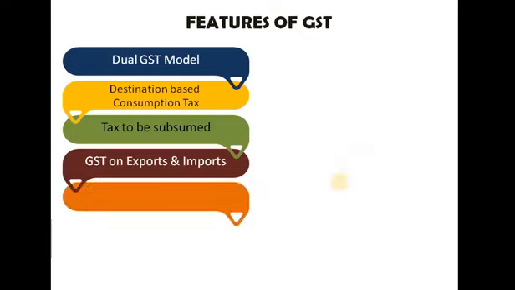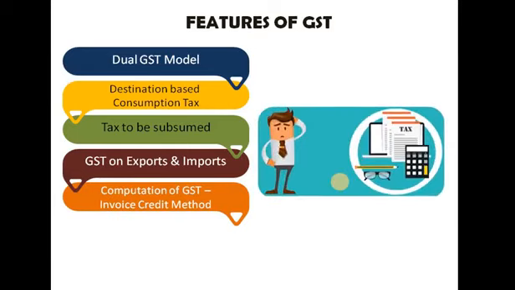And the next feature is the computation of GST. The computation of GST is on the basis of the invoice credit method. The liability under the GST will be based on the invoice issued by the supplier. So the computation of GST is clearly based on the invoice issued by the supplier.